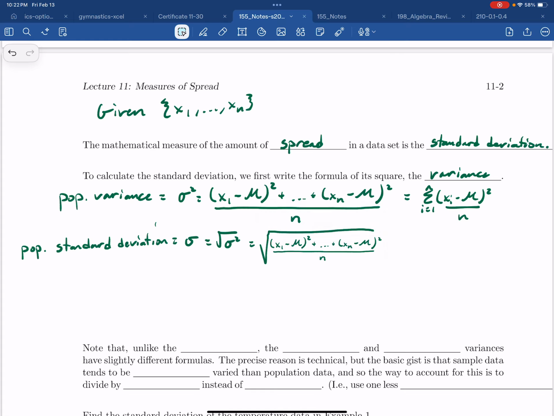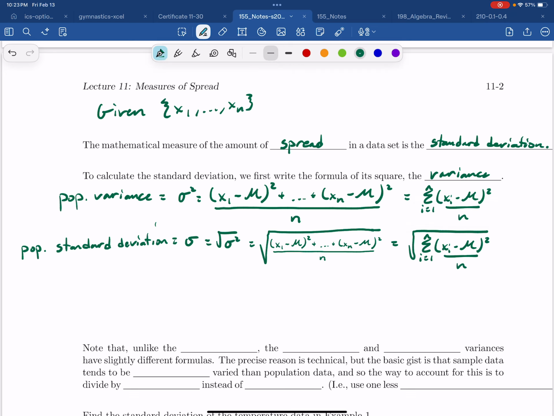So you just take the square root of all that. And this is the same, of course, as the square root of that. It's the same thing. Just to be clear, that radical dips down. It covers the n as well.